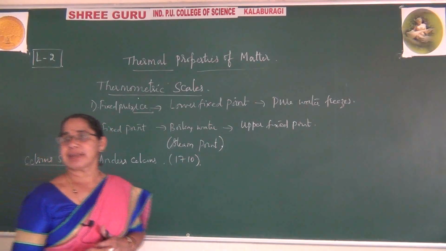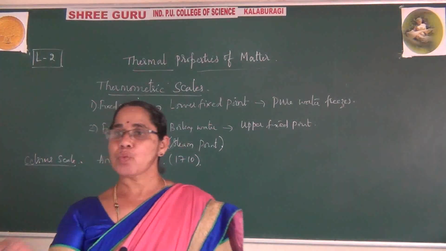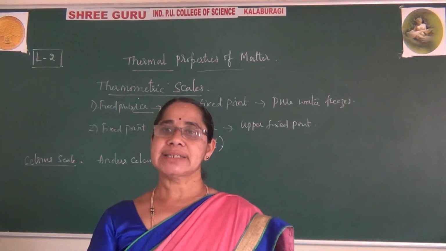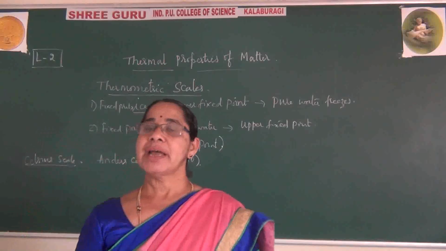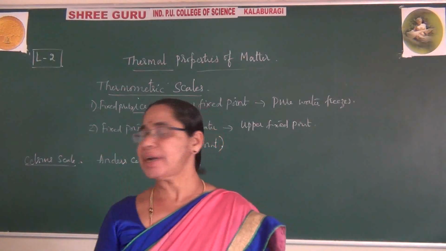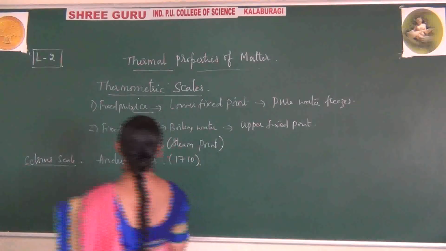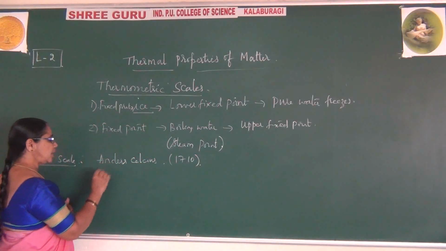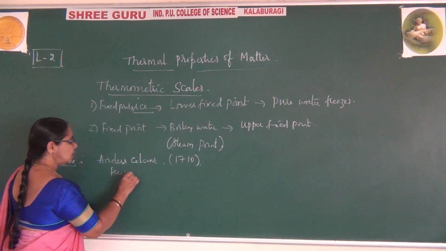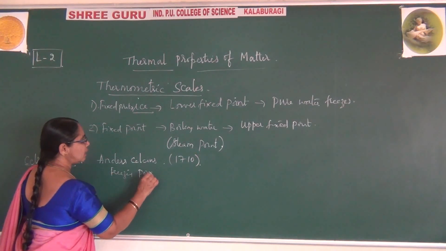designed this scale by taking water in a glass container, a rod-shaped glass container, and he has taken the reference point where he observed the freezing point of the scale, nothing but the ice point.